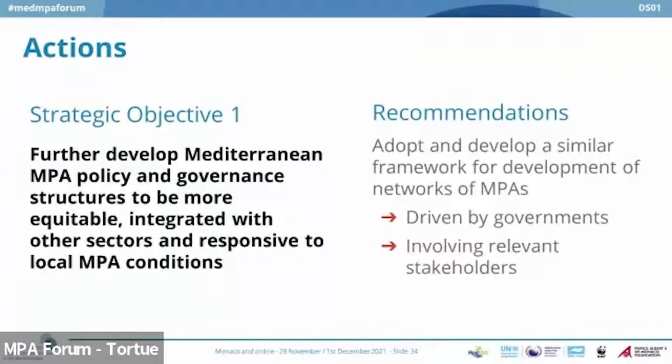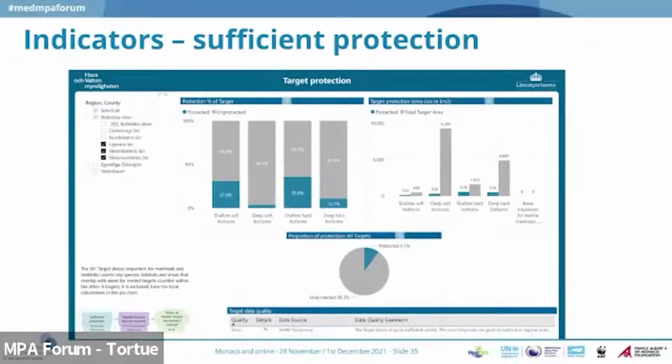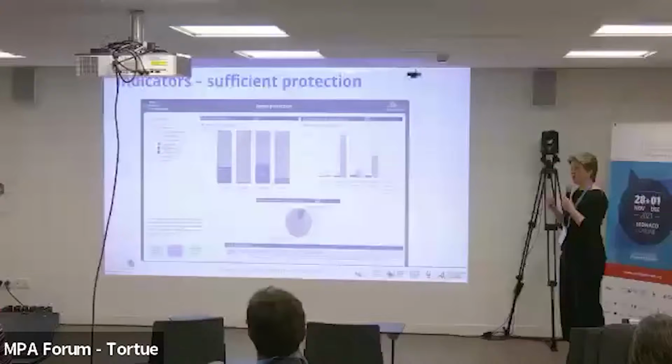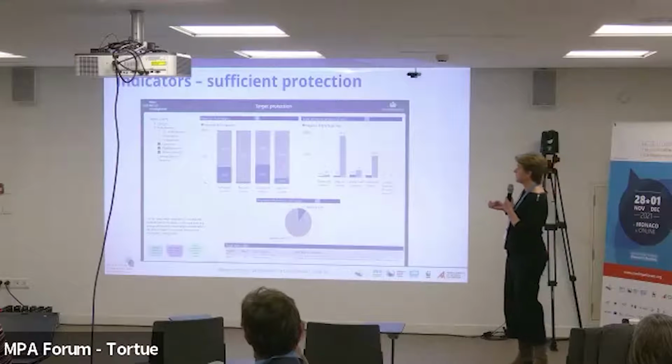Yep, next slide, please. We think that in terms of indicators, it might be good. We heard a lot in the opening session this morning about the amount of protected areas, the kind of protected areas, the spread of protected areas, et cetera.